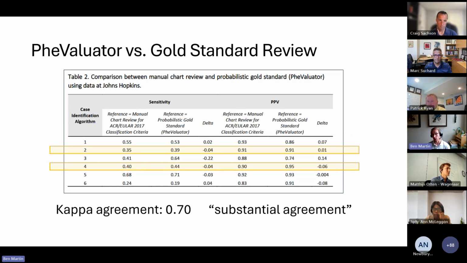And it was also done for the same patients in the same database at the same health system, and it came out to be very aligned, pHeValuator with gold standard review. So that was very encouraging, and we were excited to publish this evidence that pHeValuator seems to be a valid tool for evaluating phenotype algorithms at scale.